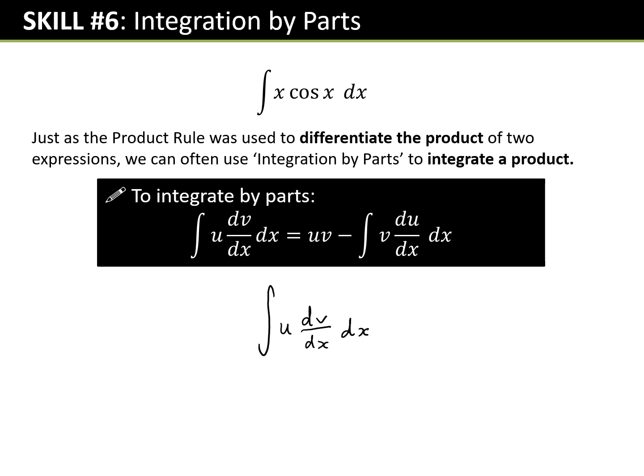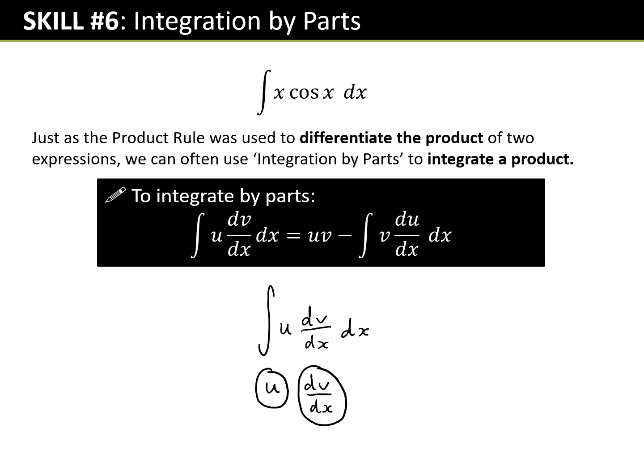So there are two things multiplied together, a u and a dv by dx. The difficult-ish bit of integration by parts is choosing which bit to be u and which bit to be dv by dx. In this question we've got an x and a cos x.